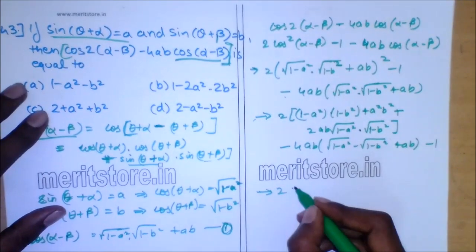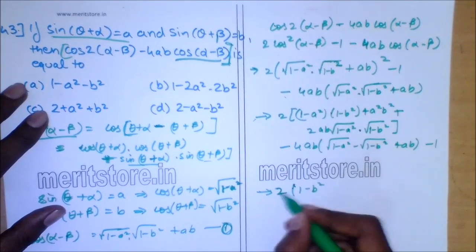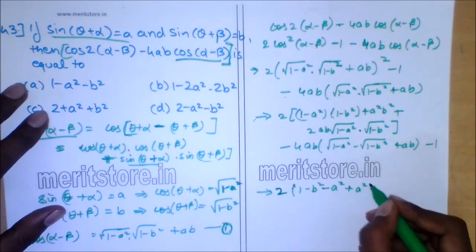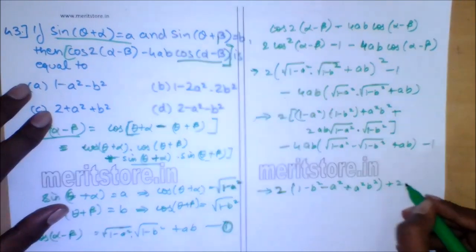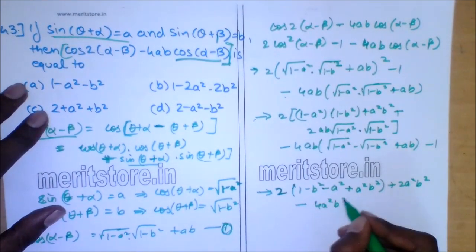Again, further simplifying it, we get 2 times 1 minus b square minus a square plus a square b square plus 2a square b square minus 4a square b square minus 1.